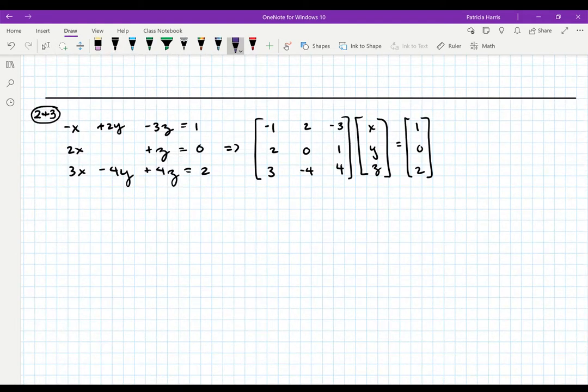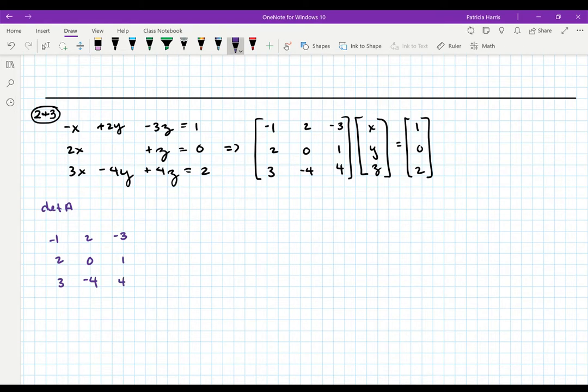Okay, so first thing we're going to do is find the determinant of the coefficient matrix. So I'm going to call this determinant of A. Now be very careful when you do this. I have made silly mistakes on these. Well, I shouldn't call them silly, I should call them careless.